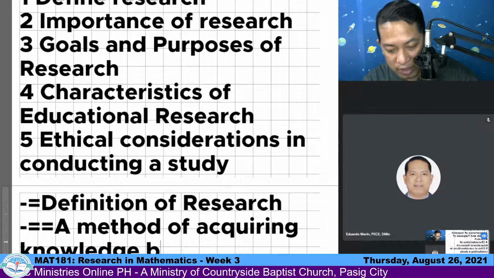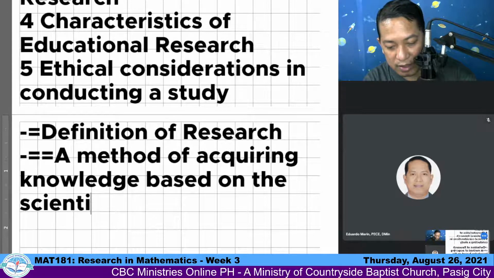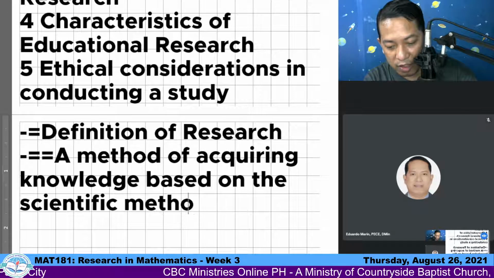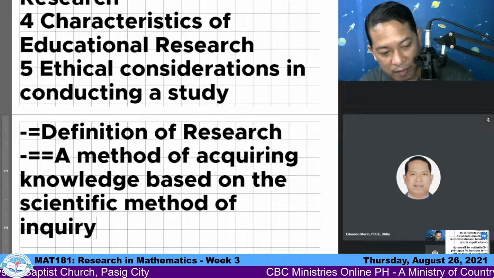And how will you do this? Based on the scientific method of inquiry. So we should follow the scientific method of inquiry.